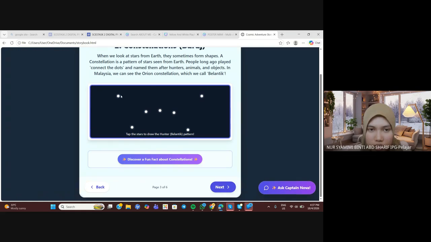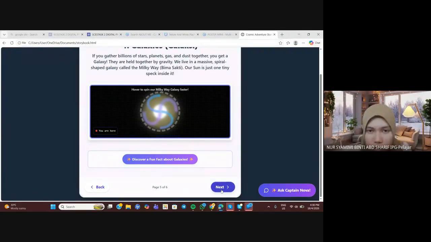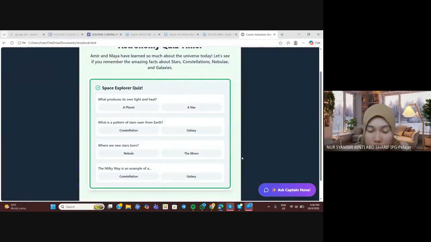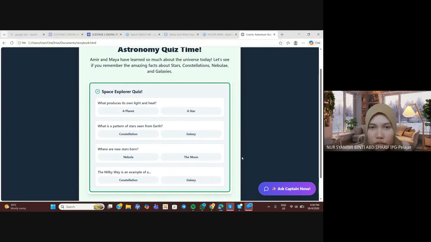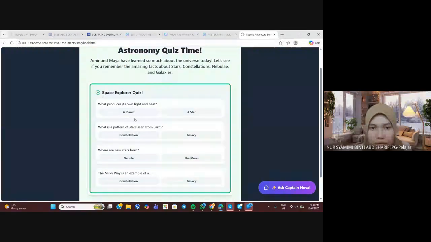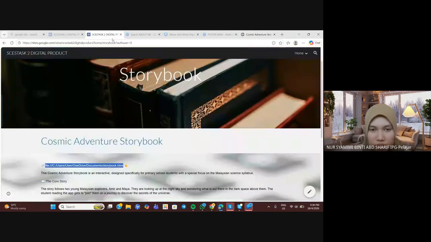We also have the constellation, where we have to connect the dots to create the pattern, and the teacher and also the student can discover for themselves. And the last page has quiz time, where the students can answer the questions, and the teachers can evaluate their understanding of the universe topic.